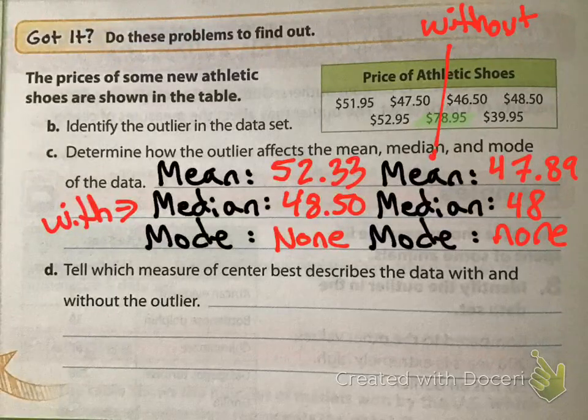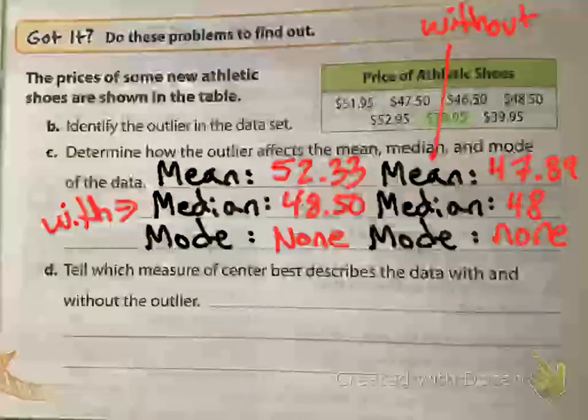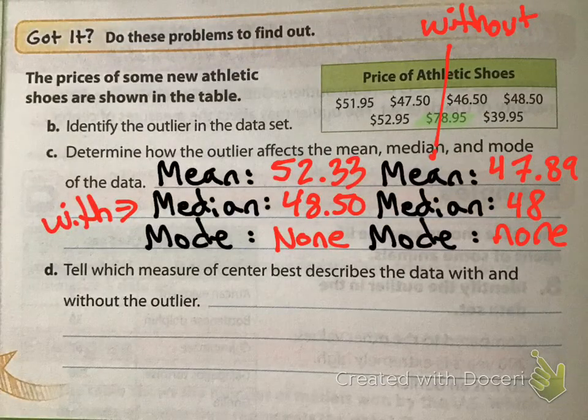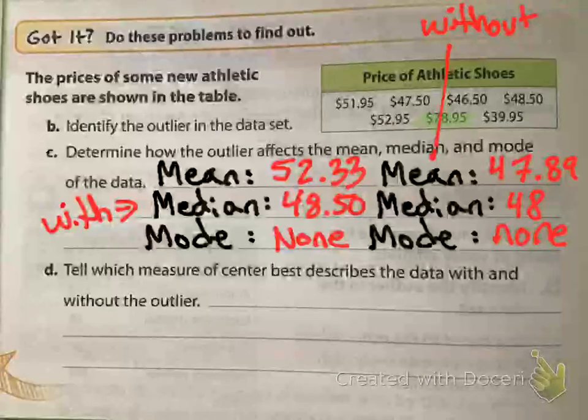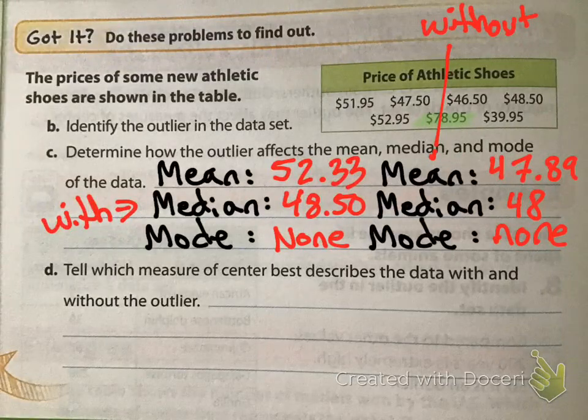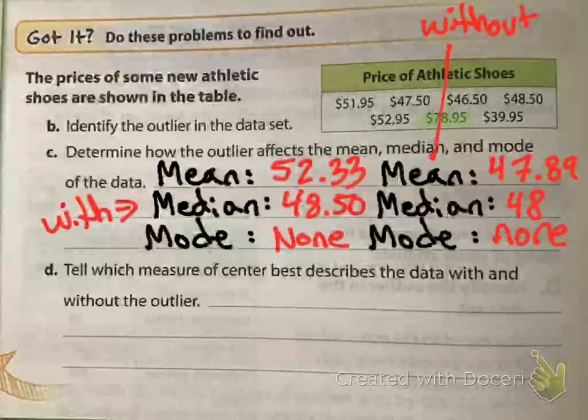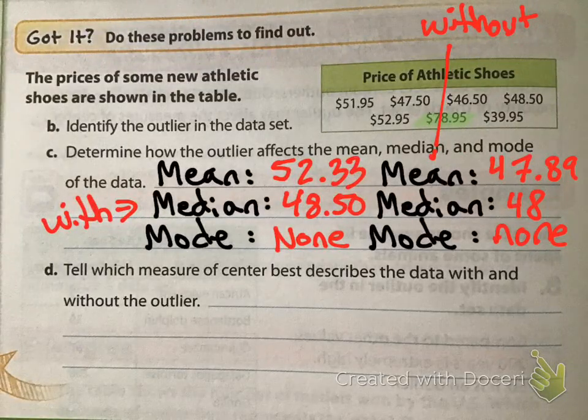So which measure of center best describes the data with and without the outlier? The mean price was affected the most. We changed by nearly $5, about $4.50. So we wouldn't want to use that. The median price changed very little, only by 50 cents. And the mode doesn't even matter because we don't have a mode for either.